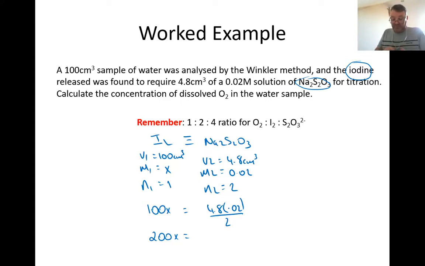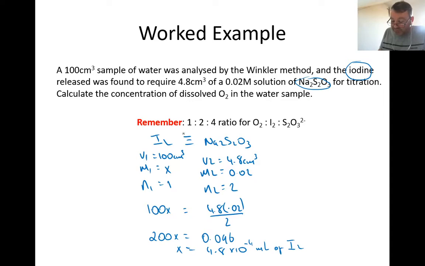So 4.8 by 0.02 comes out as 0.096. 0.096, and then if I divide both sides by 200 to get x, I get an answer of x equals 4.8 by 10 to the power of minus 4 moles per litre of iodine. Be careful, it's iodine.